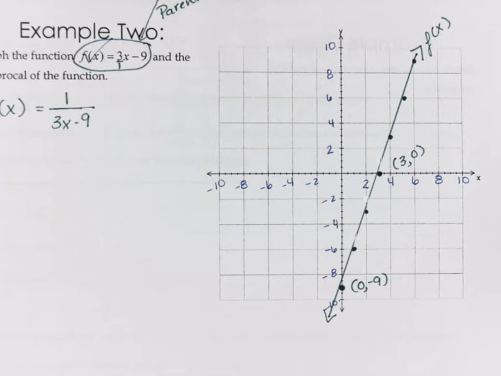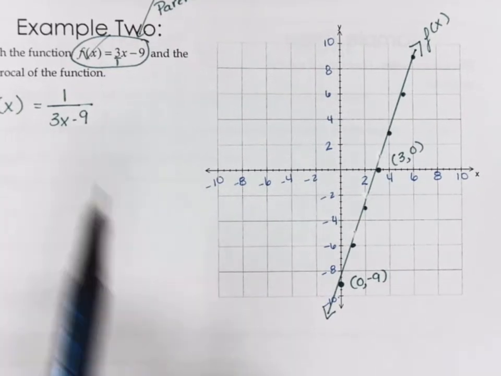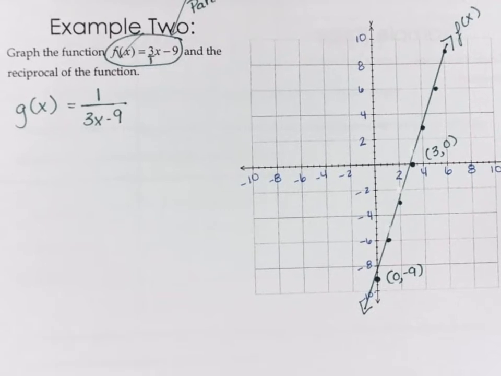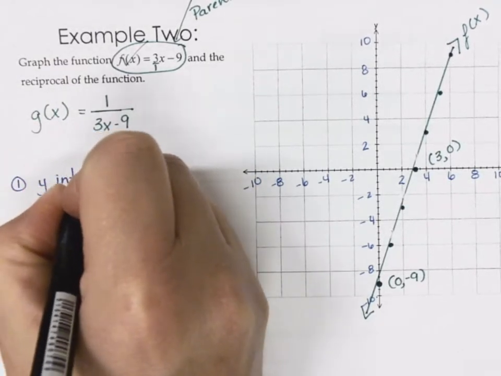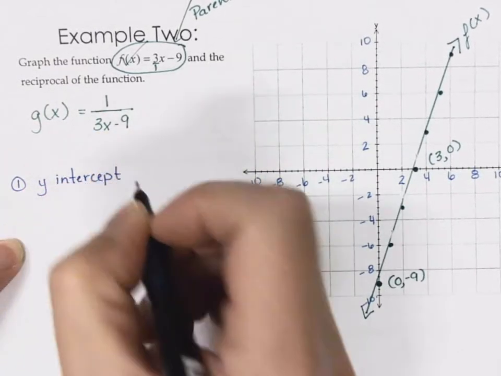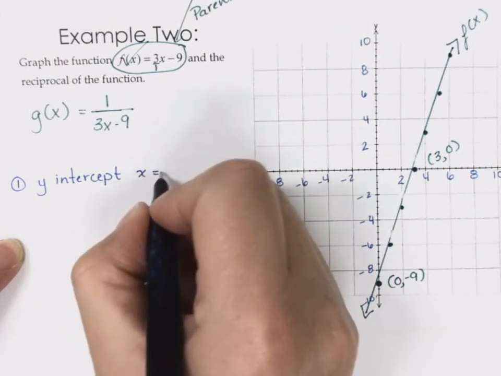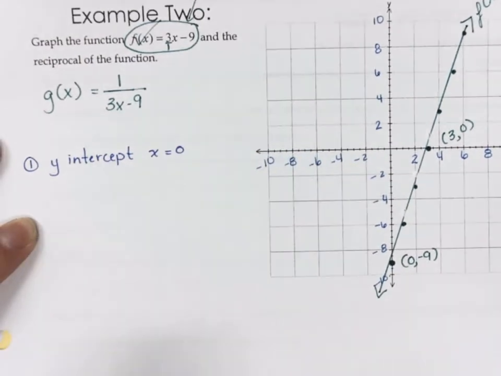Okay, you guys ready? Now we're going to graph the reciprocal. So now we're graphing this one. So step 1 said find the y-intercept and graph it. So step 1, y-intercept. So that means x is going to be 0, right?